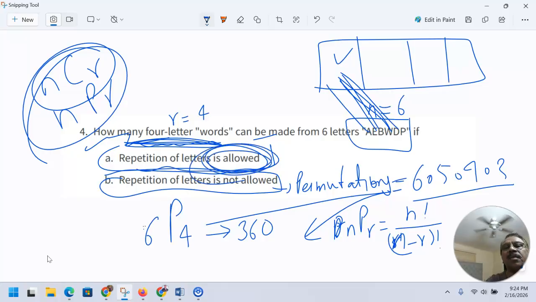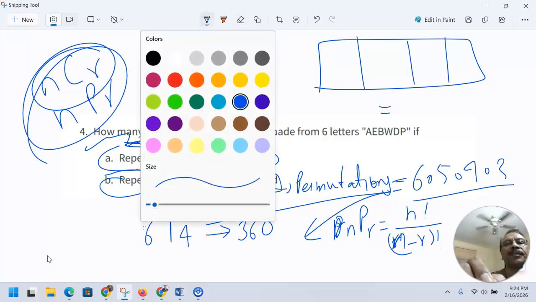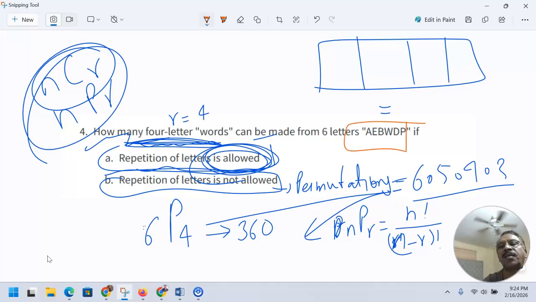Look at this. So it means the first one could be, out of these six, of course, it can be one, two, three, four, five, six, right? Okay, I missed this one. So there are 6 ways. Then after that, the second one, because repetition is allowed, you can do that same thing again.